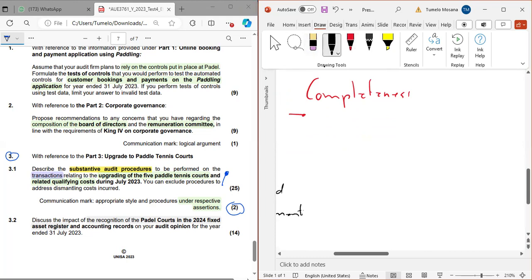And then with accuracy, valuation and allocation, the indicator is that if you see VAT, if you're dealing with vehicles, you should know that VAT should be included. Or if you're dealing with revenue, you should know that VAT should be excluded from revenue.